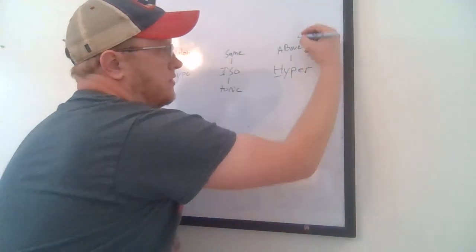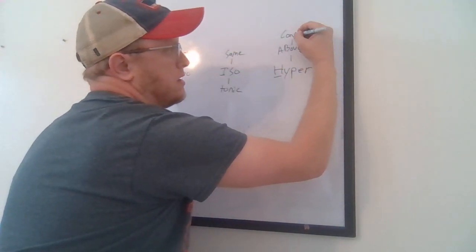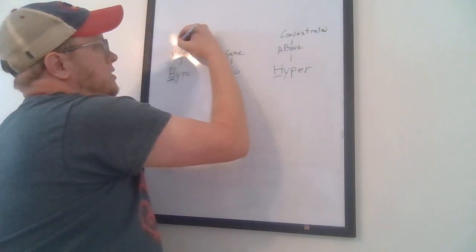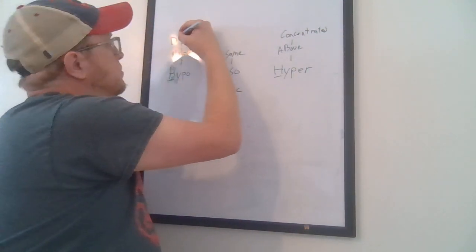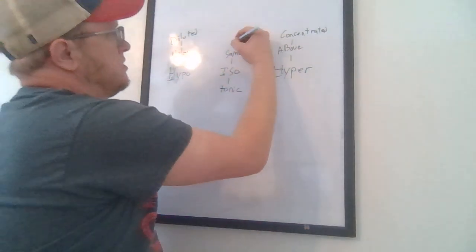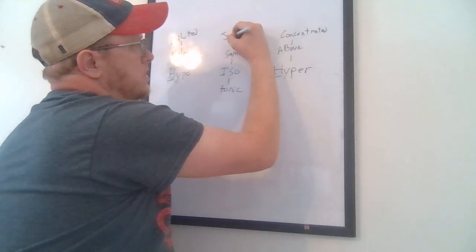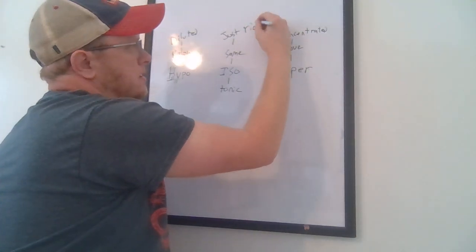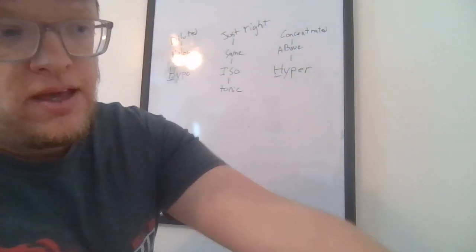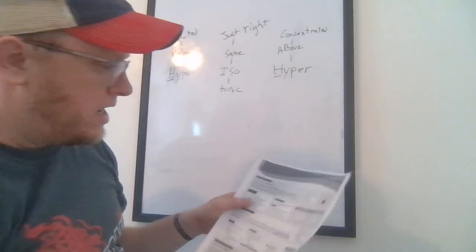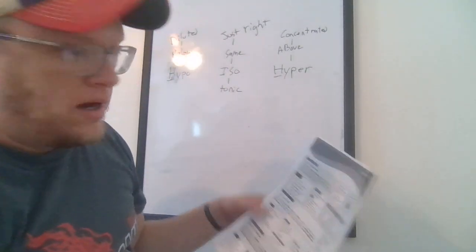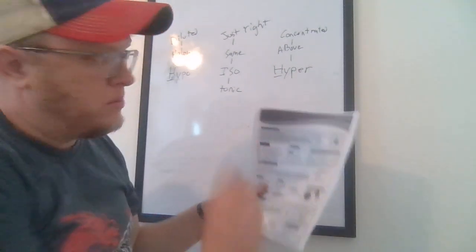You could think of it like it's concentrated, and you could even think diluted with hypo, right? And then iso is just right. Okay? So we got some terminology out of the way. And that's the first thing he's got listed here, isotonic fluid. It says iso perfect, so it's perfect balance. And so now we're going to talk about why that's important.